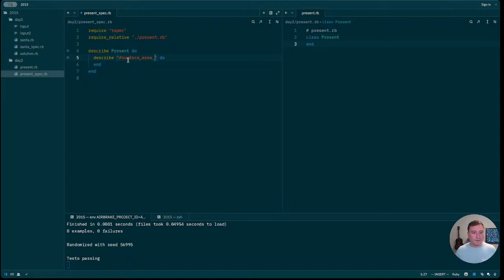Surface area, and we can say it is 52 when given 2 by 3 by 4, and it is 42 when given 1 by 1 by 10.